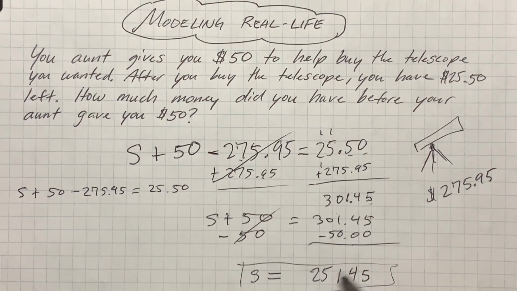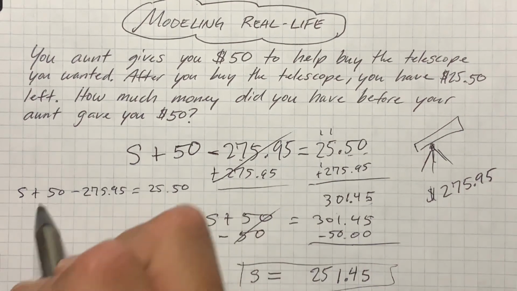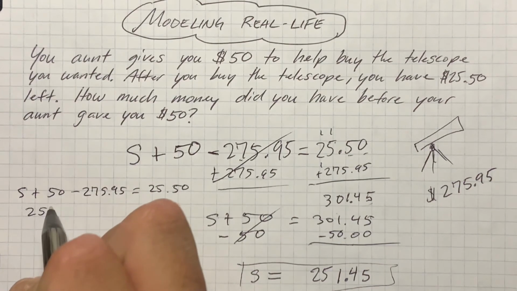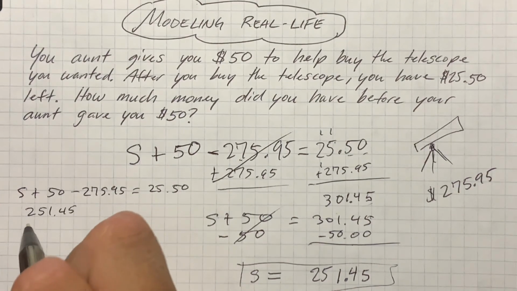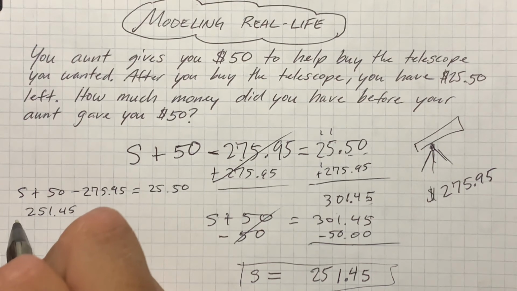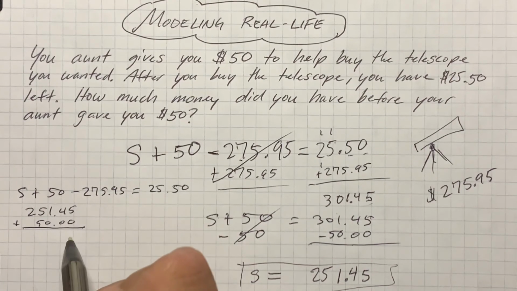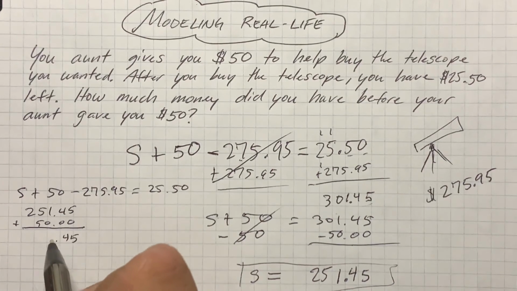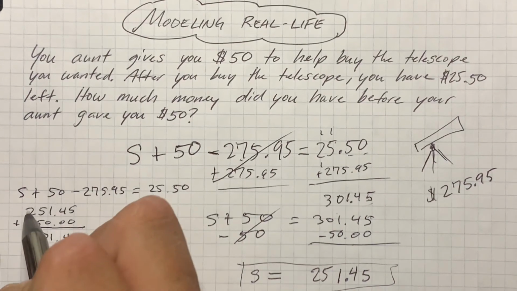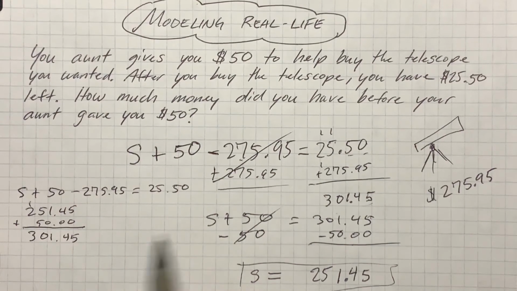Now when we plug this in for S, we're going to have $251.45 plus 50. Okay, so this is going to be 5, 4, 1, 10, and 3. So that kind of matches that.